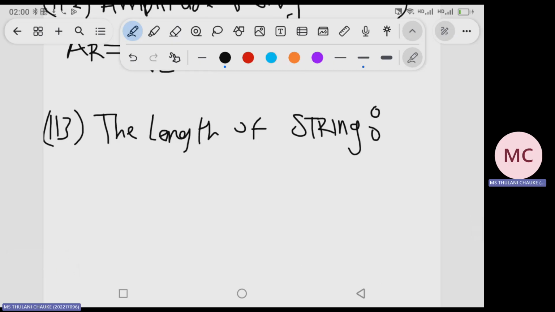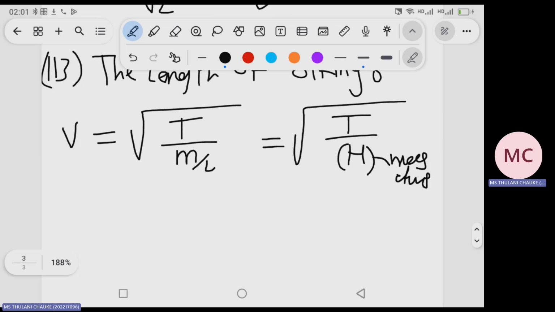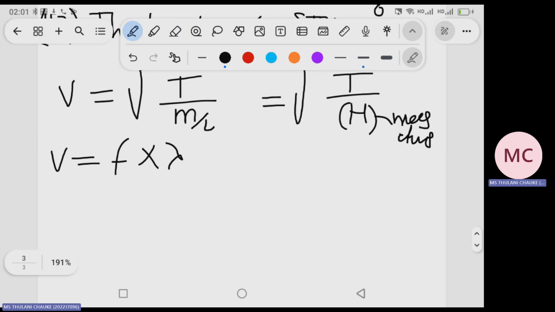So we can just use this equation here. So we'll say V is equal to the root of T over the mass density, it's M over L. I'm sure you already know that this one is mu, the mass density, right? So now you'll have to get the velocity of your wave. So this is the formula, or you can use the formula omega over k.